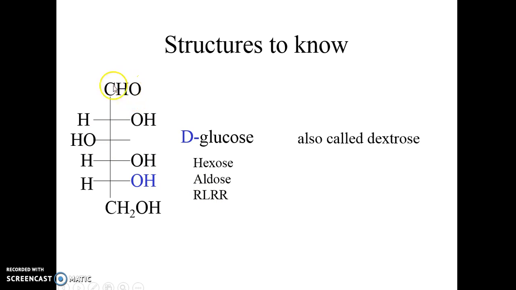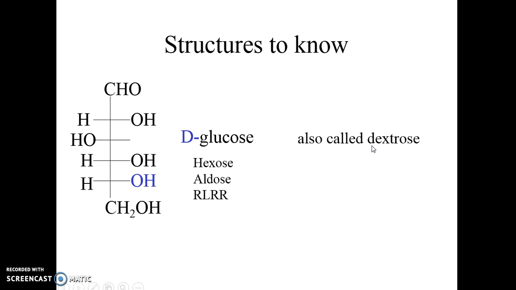It's an aldose, so we have a carbonyl at the top, then right, left, right, right. How do I know this is D-glucose? I look at the bottommost chiral carbon. The bottommost chiral carbon is the second one from the bottom on every single monosaccharide. So I go down here, 1, 2. Notice the hydroxyl group is on the right. So this is D-glucose.